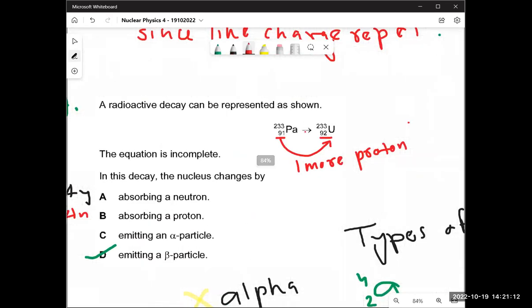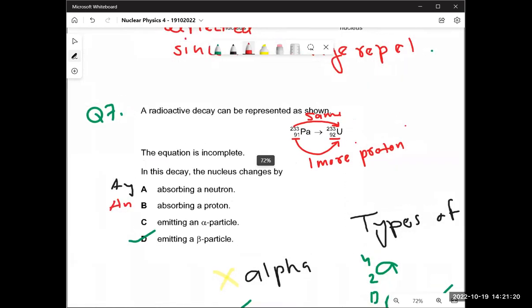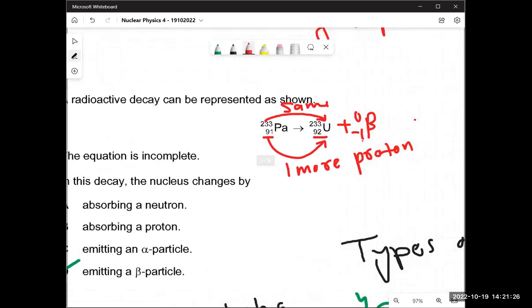Now look at this. You're going from 233, so this is the same, and one more proton. Therefore, the only possibility is this equation: beta, 0 and minus 1. Now, if I add 92 and minus 1, what do I get?